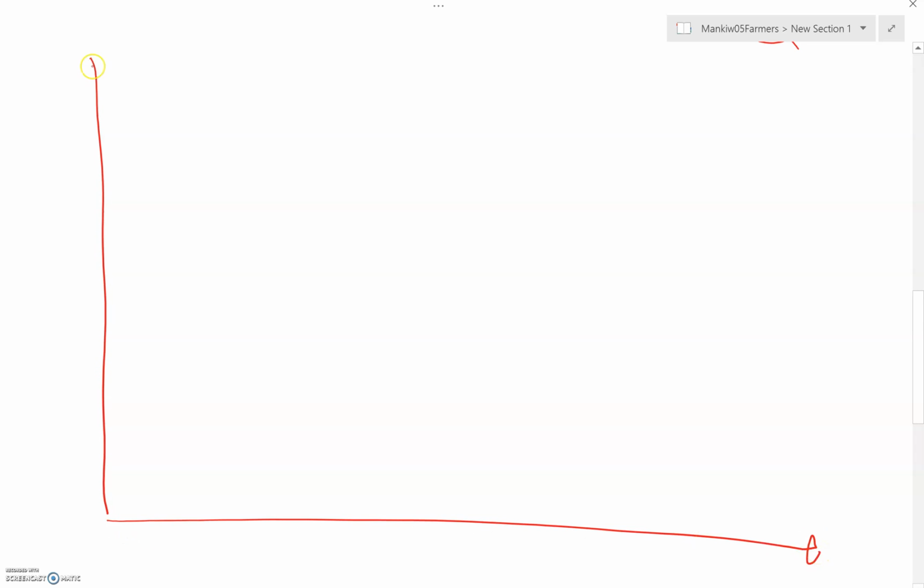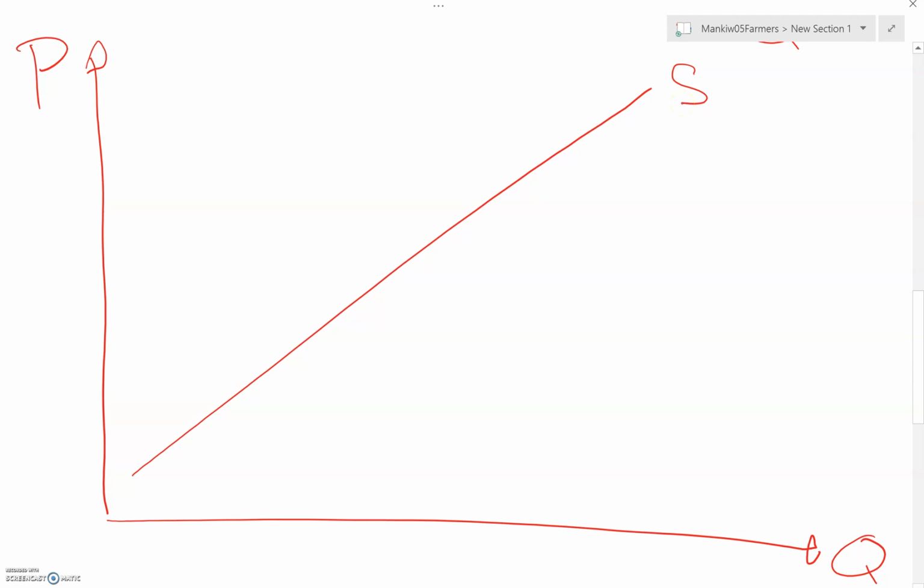Okay, so let's have a think about this in terms of the two extreme cases for elasticity. Okay, so let's draw our initial conditions. So here's our quantity and price. Here's our supply curve. And we have a demand curve now that is, let's think about the inelastic case to start off with.